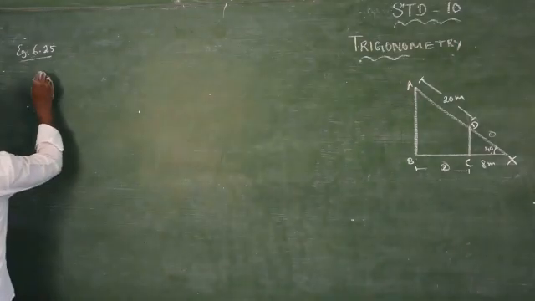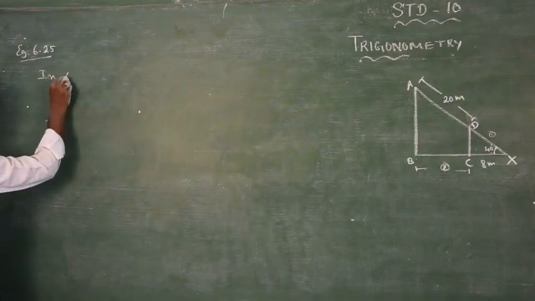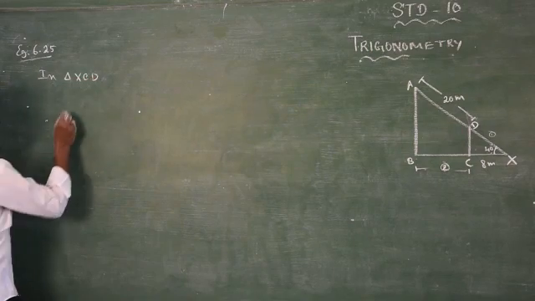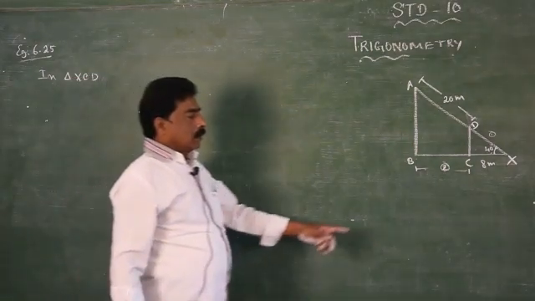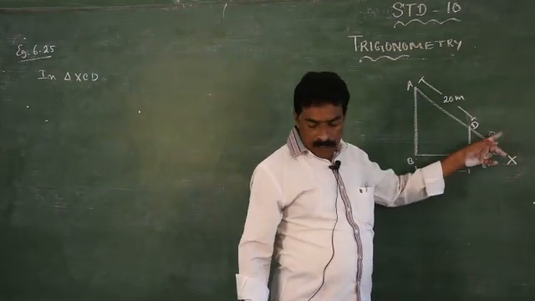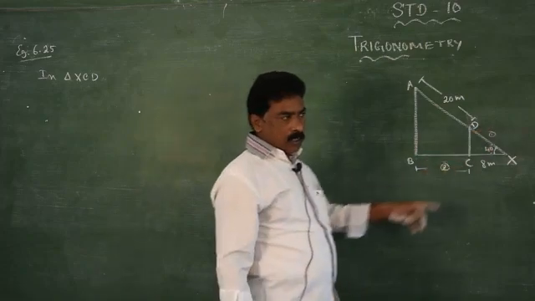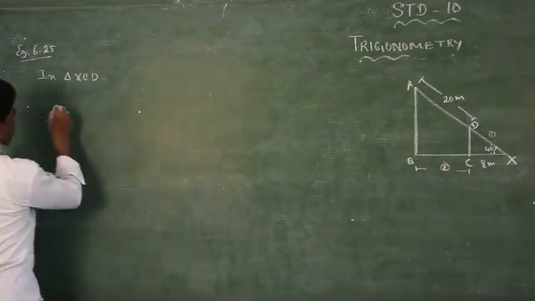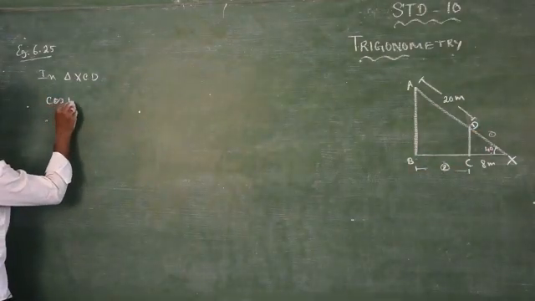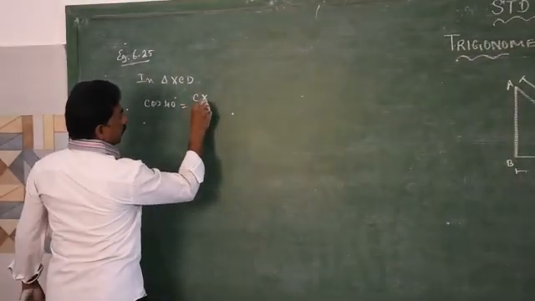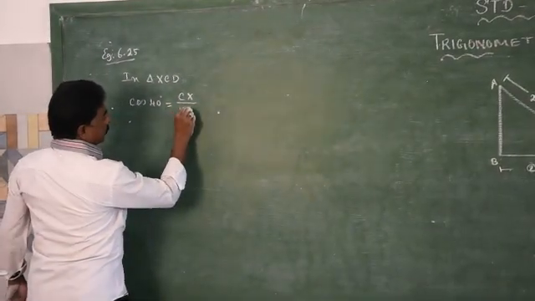So in triangle XCD, adjacent and hypotenuse. So in which ratio we get adjacent by hypotenuse? Cos. So cos 40 equal to adjacent CX by XD.